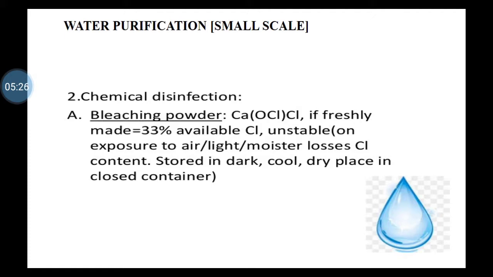But when it is not fresh and when this bleaching powder is stored, it loses chlorine content. So this chlorine percentage varies from one compound to another. So this is to be stored properly in dry airtight containers and at cool and dark places, isn't it?